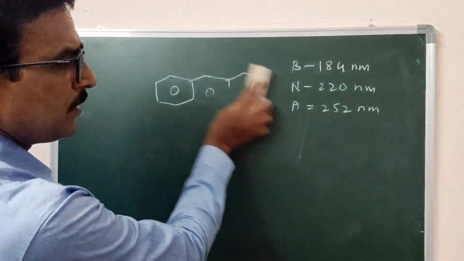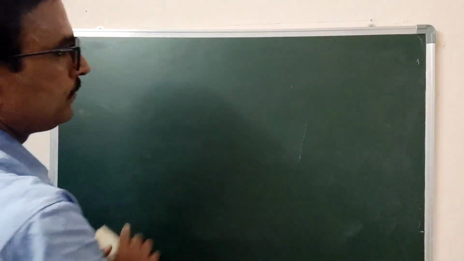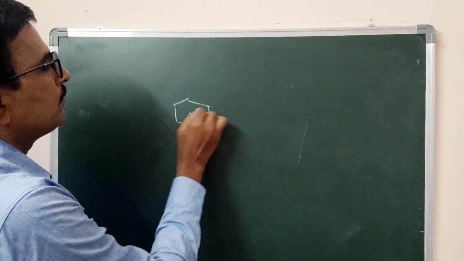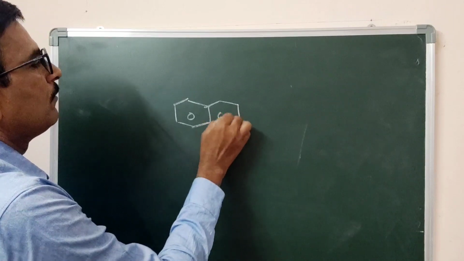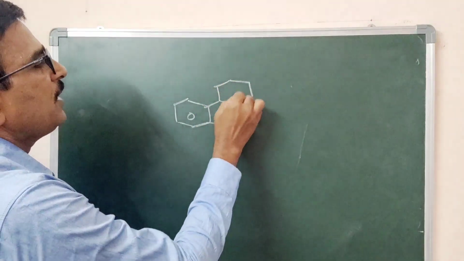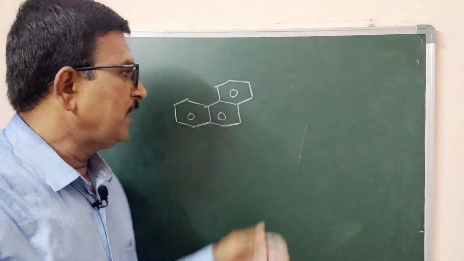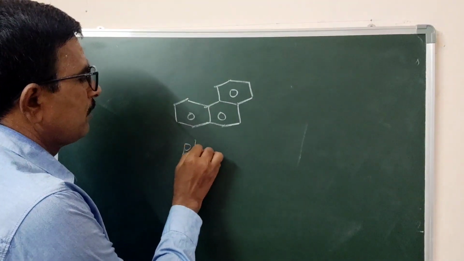Now coming to phenanthrene. There are 3 rings in phenanthrene, similar to anthracene. This is phenanthrene.